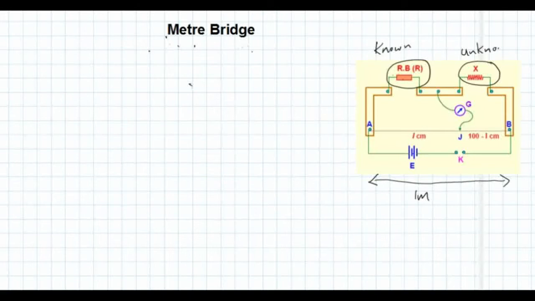So that resistance is a known resistance. So this resistance box R represents a known resistance, and this X represents an unknown resistance.